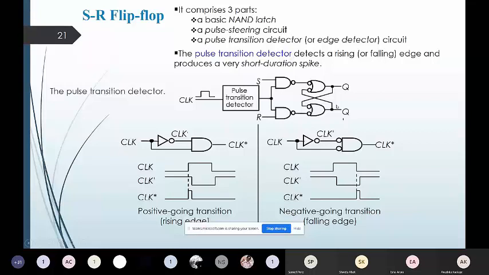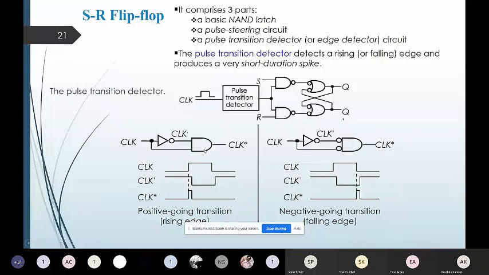In this part, you can observe that I have made two parts. One part is indicating the positive going transition, that is, the rising edge transition, and another one is showing the negative going edge transition. And here purposefully I have shown the signals which are generated by these NAND gates.